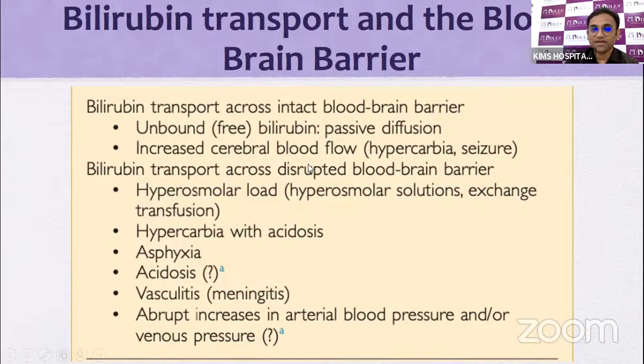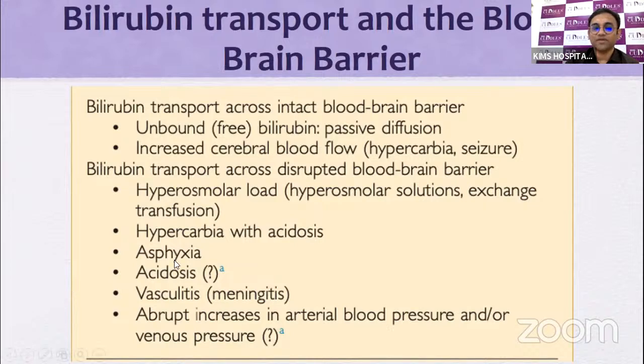And when the blood-brain barrier is disrupted, there's no barrier to the deposition of the bilirubin in the brain. When you use hyperosmolar agents like sodium bicarbonate, hypertonic glucose, or exchange transfusions where you use more concentrated blood, the hyperosmolarity can damage the blood-brain barrier and lead to more bilirubin entering the brain.